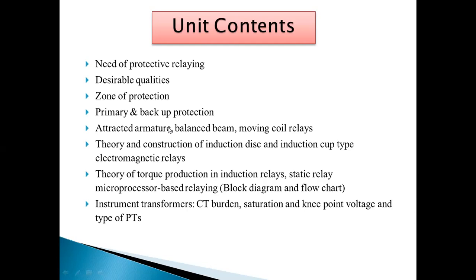Now these are the basic relays, means the working of these relays, which are used for different applications, right? Then in microprocessor based relays, that is the static relay and induction relays, and the torque equation is also asked in examination, and they're asking about the instrument transformers also.